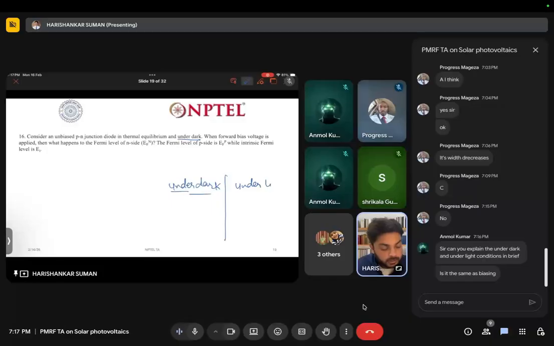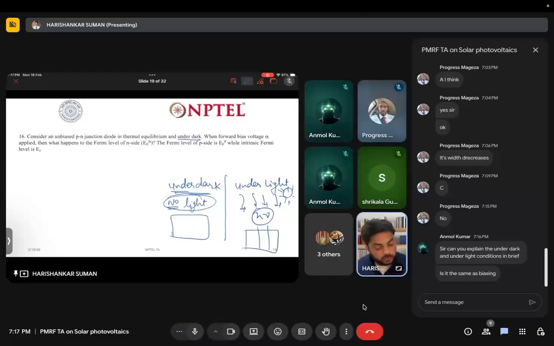Under light, when we expose our PN junction to photons or sunlight, these h nu photons will fall on the junction, while dark means no photons, no light, no external photon given to our PN junction.